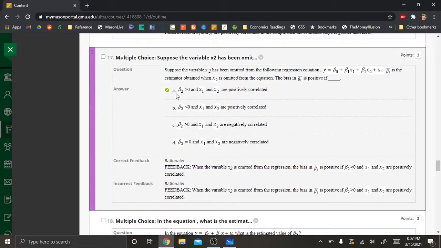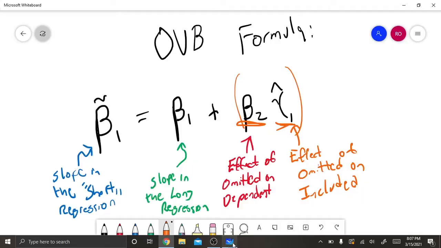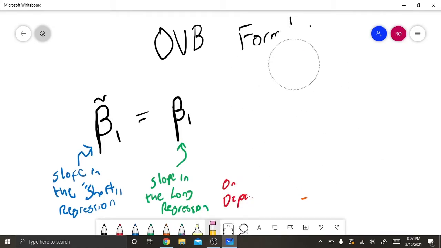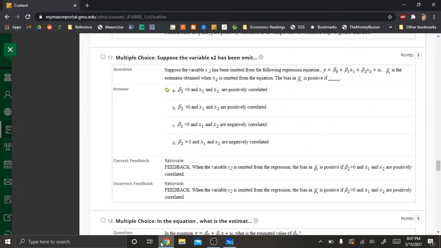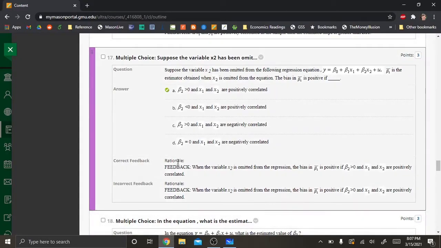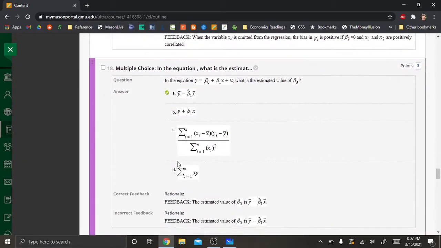So going through these, beta 2 is greater than 1, and x1 and x2 are positively correlated. That's telling us what we need to know. So this is greater than 1, and this is greater than 1. And that's how we know that the bias term is positive, and our slope coefficient in the short regression is an overestimate of the true effect.